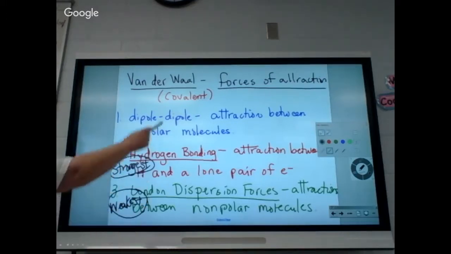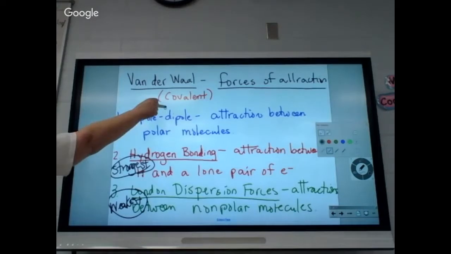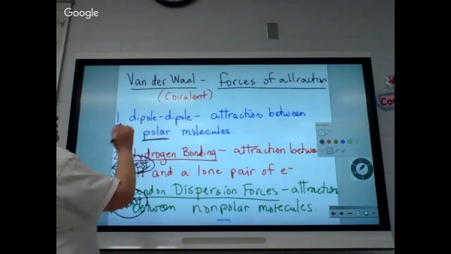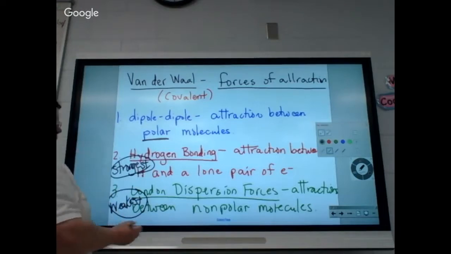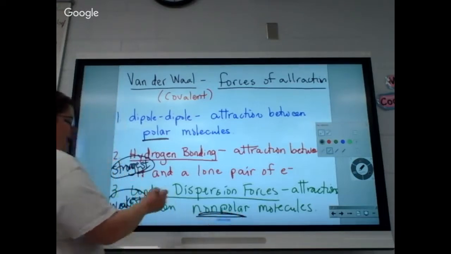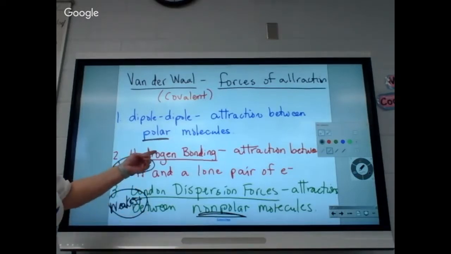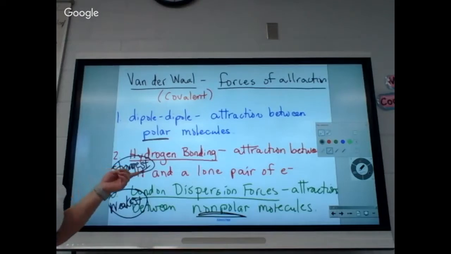Now, these are only for what kind? Covalent. So, we have to figure out which one of these the covalent compounds have. In order to figure that out, you have to know: if I'm polar, I'm a dipole. If I'm nonpolar, I have London dispersion, and I'm the weakest. If I have a hydrogen and a lone pair, I'm the strongest.